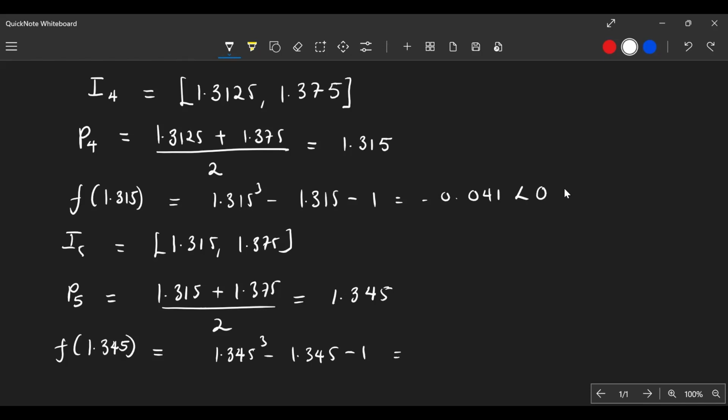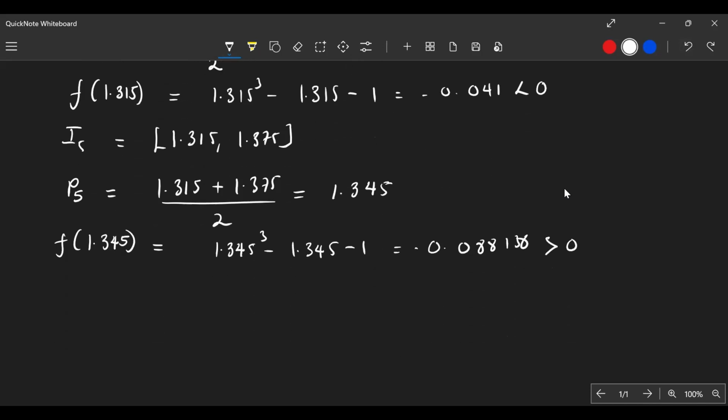So I'm getting a positive 0.088138. Now again, since this is positive, greater than 0, it means that 1.375 will now be displaced, right? Remember that was a value that gave us a positive in the previous iteration. So my new interval is equal to 1.315, comma, 1.345. So I'm sure you can continue and continue, so on and so forth.